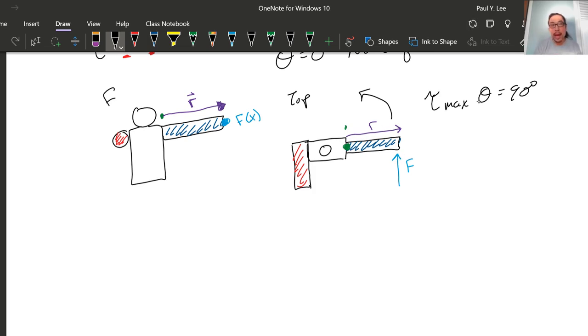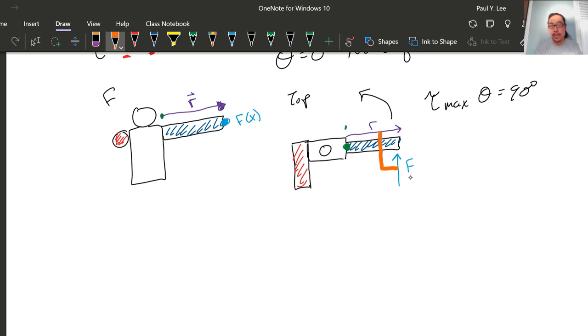Now let's take a look at the cross product nature. I'm going to use the cross product. Let's do this. Let's make it nice and big. So the important thing is that your R vector and your F vector are at 90 degrees of each other.